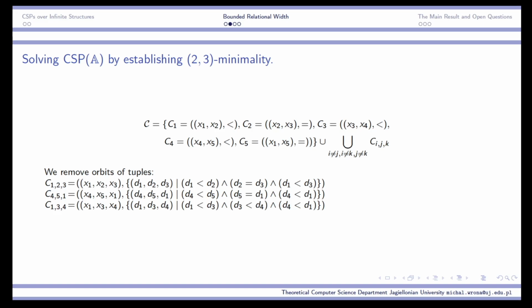But this is impossible, right? Because here we have a three-element cycle, which is forbidden. So basically this relation is empty. And since we were only removing tuples which cannot be part of a global solution, we can conclude that the original set of constraints has no solution.